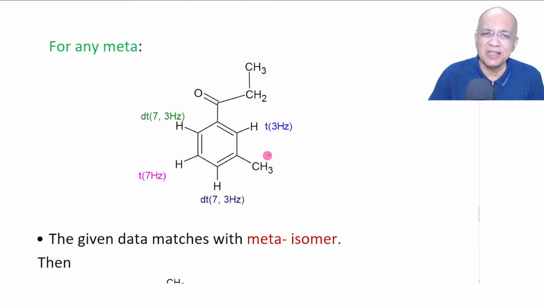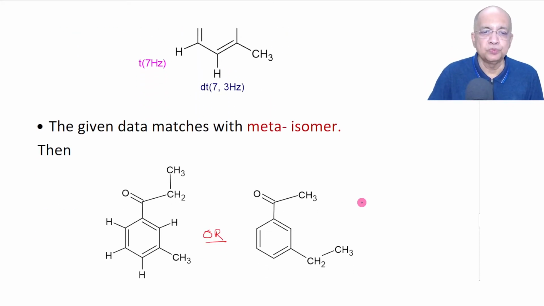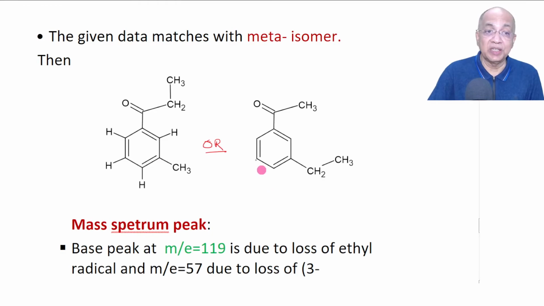Delta in ppm is very easy because the triplet is only 1, DT there will be 2, but we know this is an electron withdrawing group, so the more deshielded one, a greater delta, will be here, smaller delta will be here, and the triplet data we will immediately write for this one, and the 3 Hz triplet data, that ppm will be for this proton. So we can assign the proton peaks very easily once we know the patterns. Now the question arises whether it is ethyl here, methyl here, or methyl here, ethyl here.